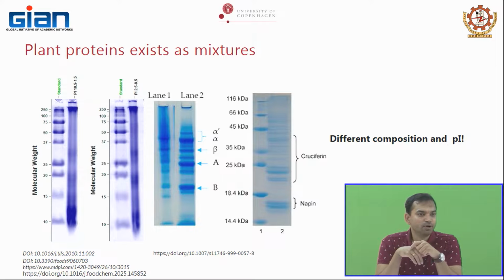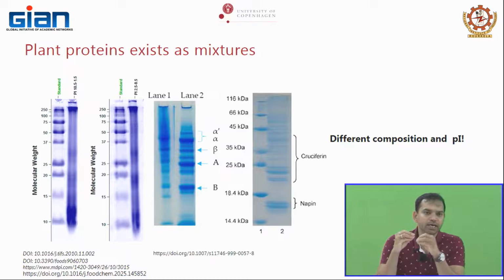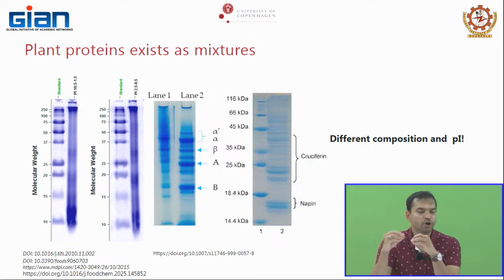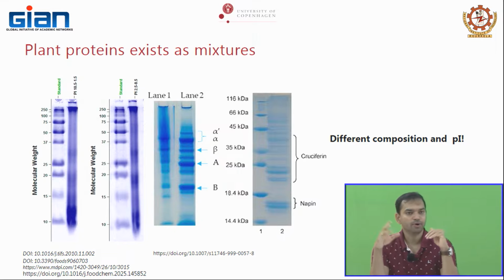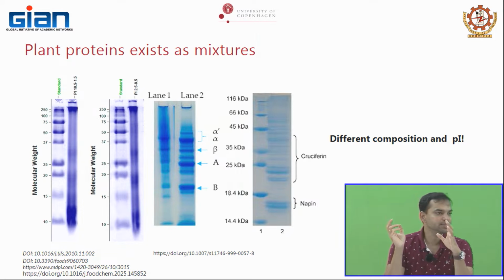So, smear is a problem. It's very complicated because we have too many different types of proteins in a plant matrix, right. They are slightly different, what we call isoforms and so on. You also have albumin, globulin, prolamines together. You know that albumin has a different property, prolamines have a different property, globulins have a different property.